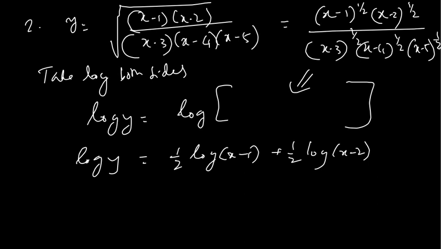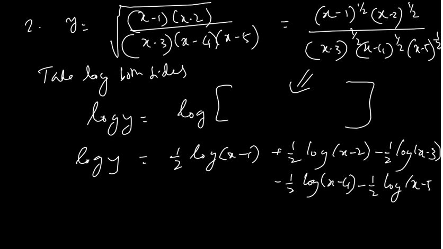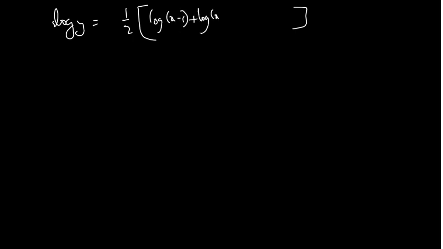Denominator ones, by the m by n formula, minus half log x minus 3 minus half log x minus 4 minus half log x minus 5. Understood, right? So the half can be taken as common. So you'll have log y equal to half into whatever is the stuff: log x minus 1 plus log x minus 2 minus log x minus 3 and so on.